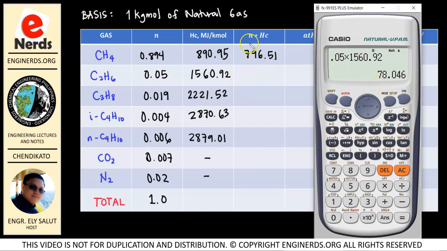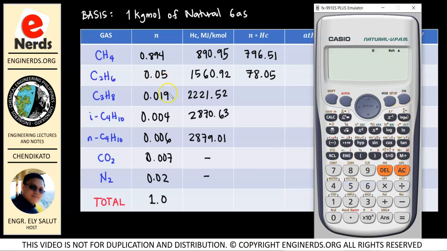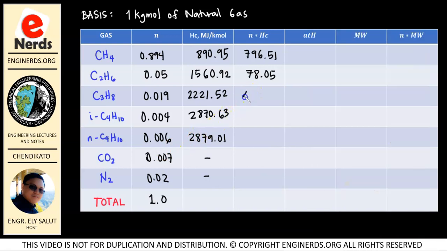So I'm rounding it off to 2 decimal places, no? Next, dito na tayo sa pangatlo. 0.019 times 2220.52. So we have 42.21. Okay, 42.21.